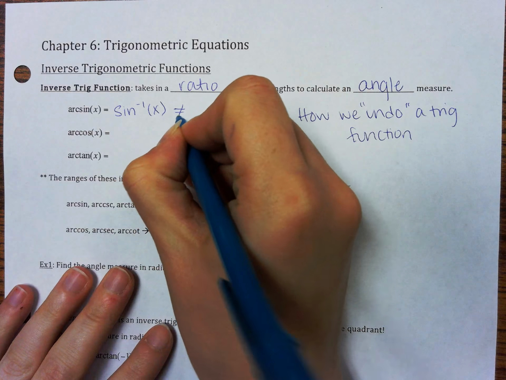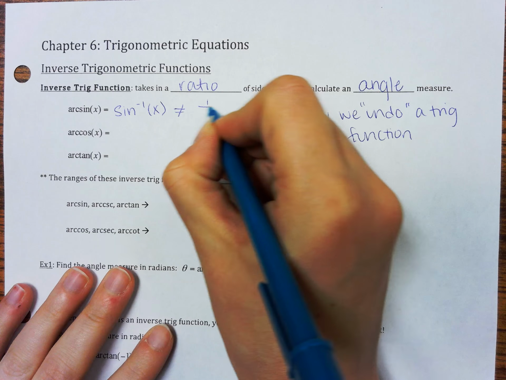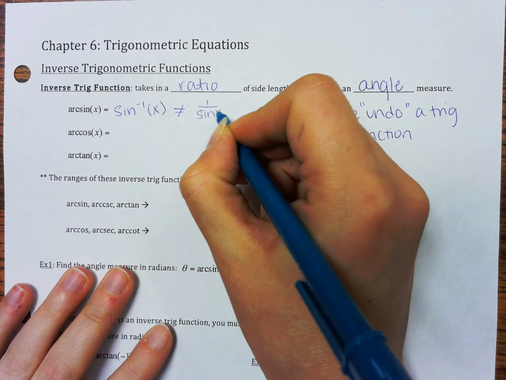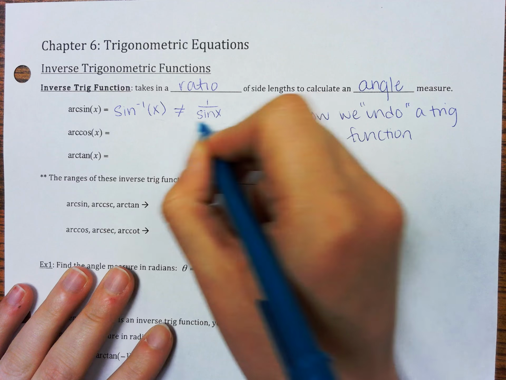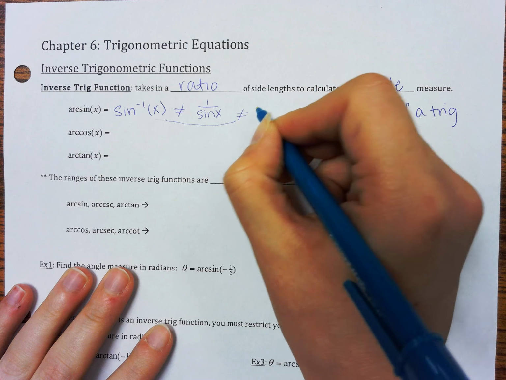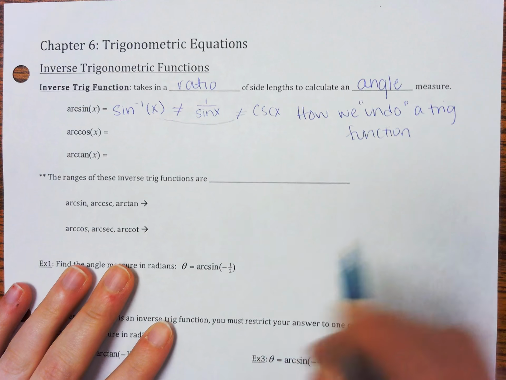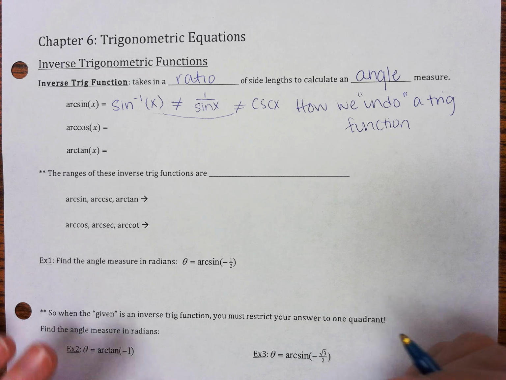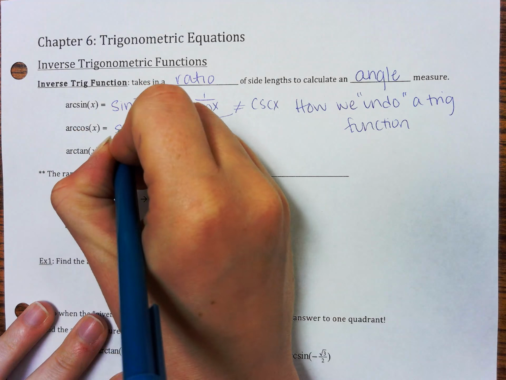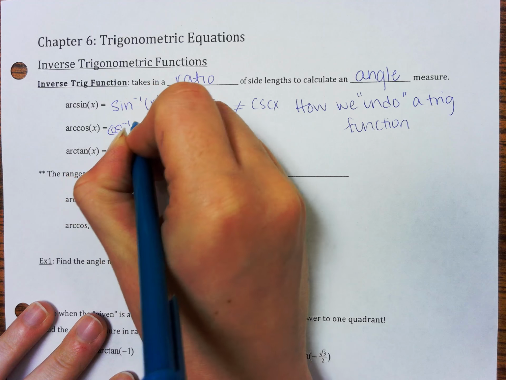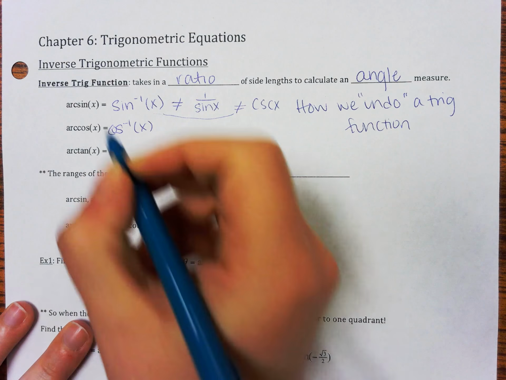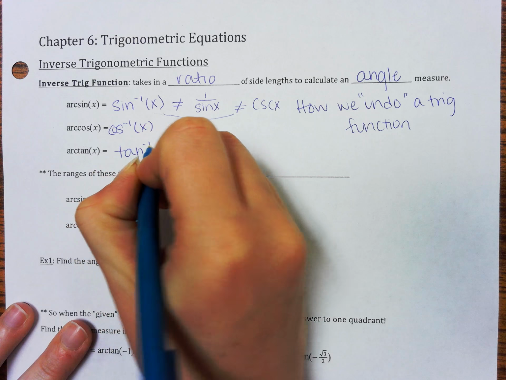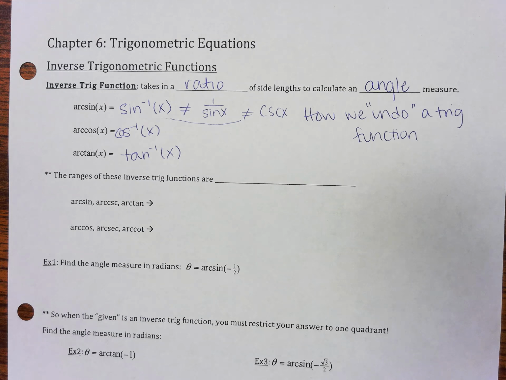And remember, sine inverse is not the same thing as 1 over sine, which means it is not equal to cosecant. These are definitely not the same thing. Arccosine is the cosine inverse, and arctangent is the tangent inverse. Again, it's just how we undo our functions to get at our angles.